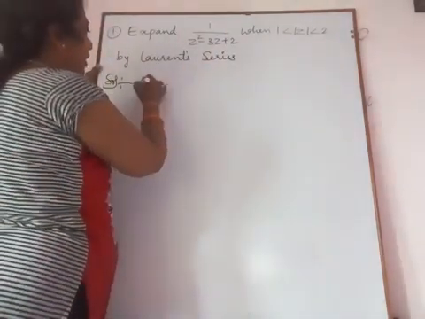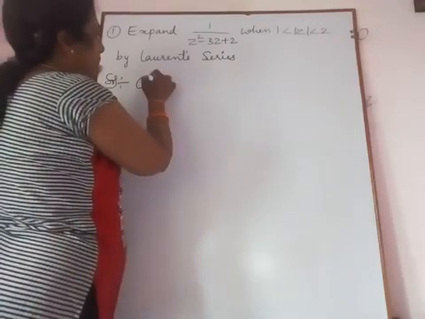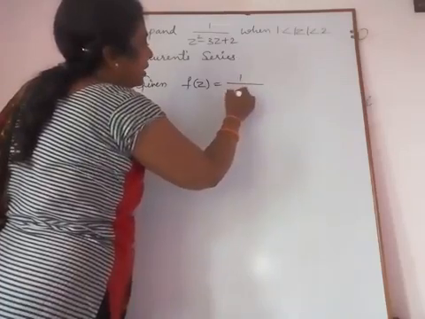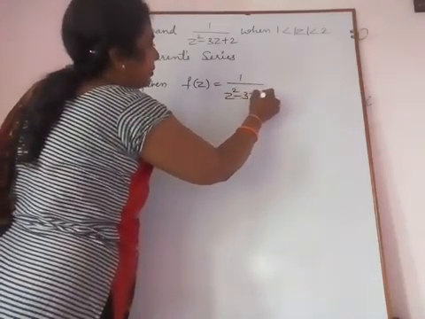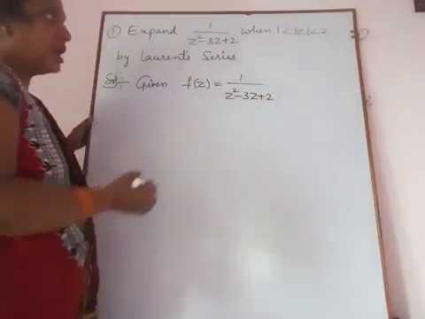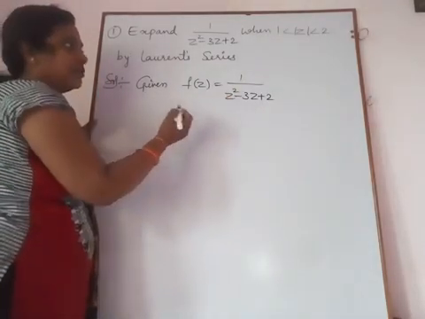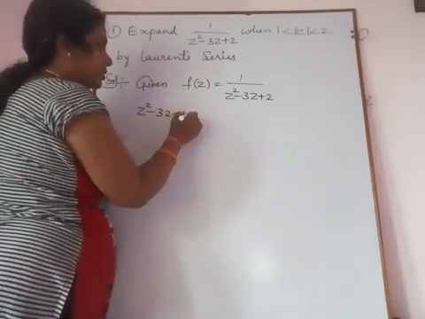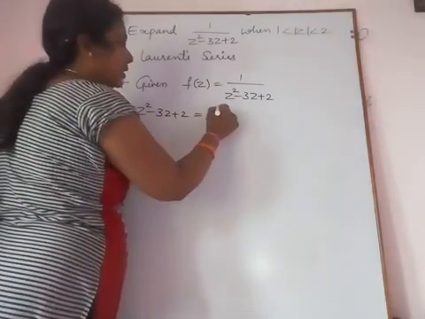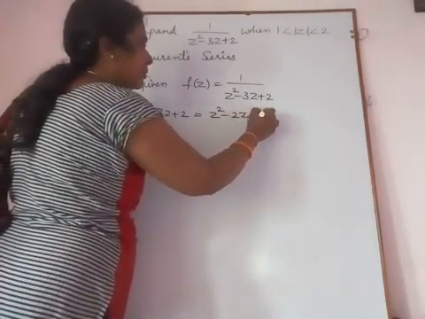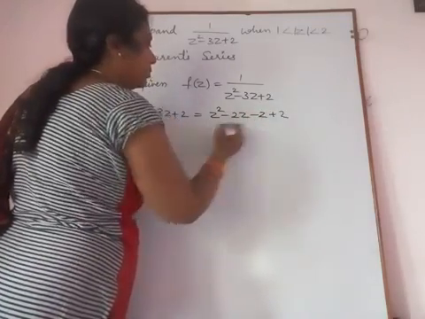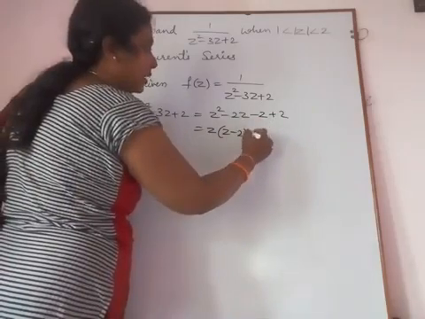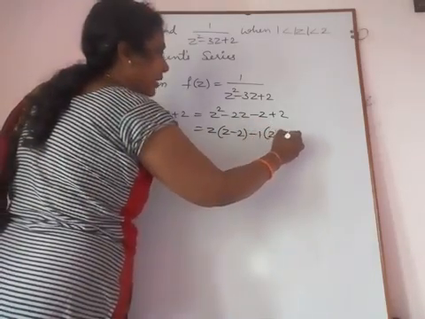Here the given function f of z is equal to 1 by z square minus 3z plus 2. This can be split into factors. Z square minus 3z plus 2 means z square minus 2z minus z plus 2. Taking z common, z minus 2 is the other factor, and in the rest minus 1, z minus 2.